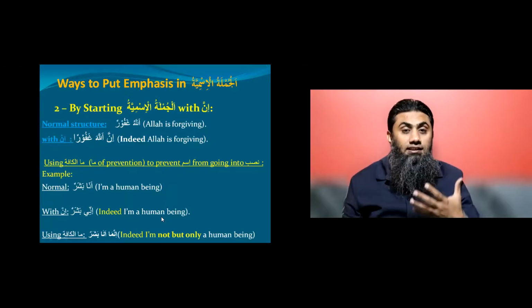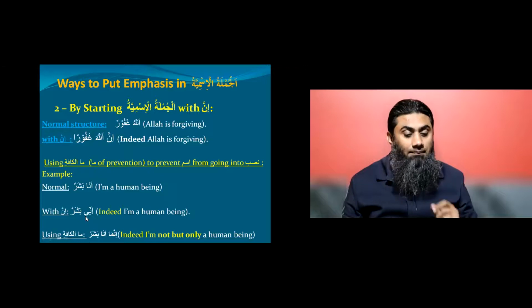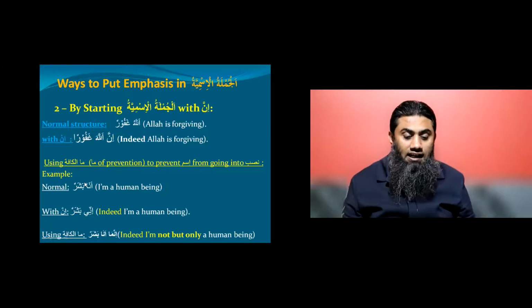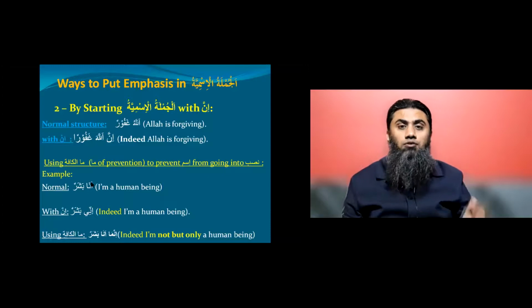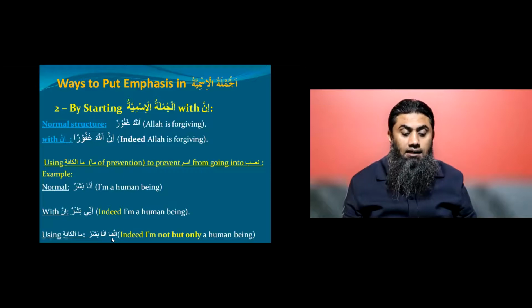Even though your sentence has become emphatic when you use inna here, what happened is that because of inna, this ana has gone into its attached form, ni. If you want to keep ana as ana and you still want to use inna, look what you do. Inna, and then you put a ma. Innama.